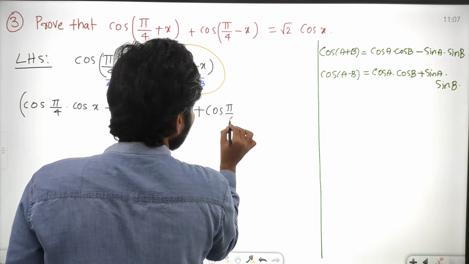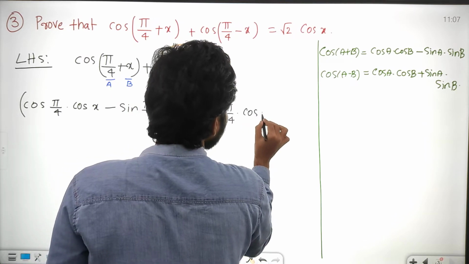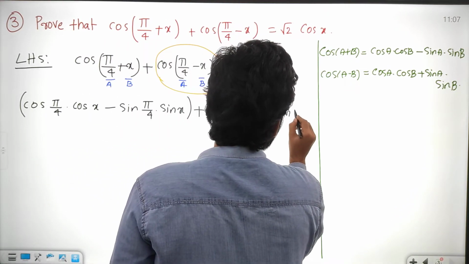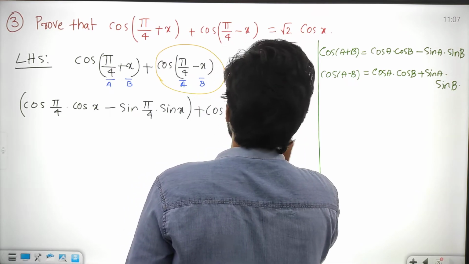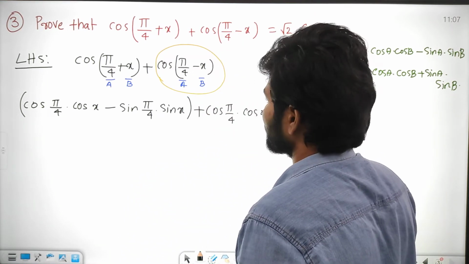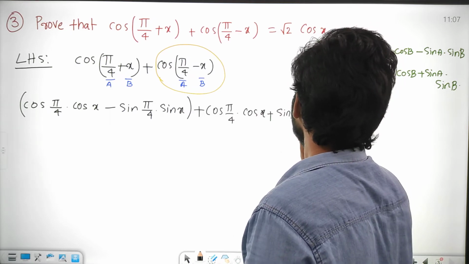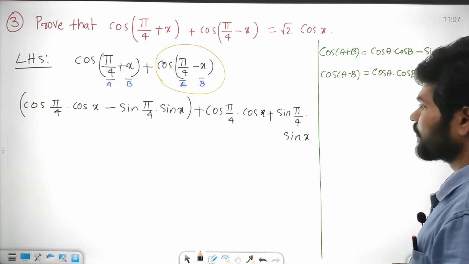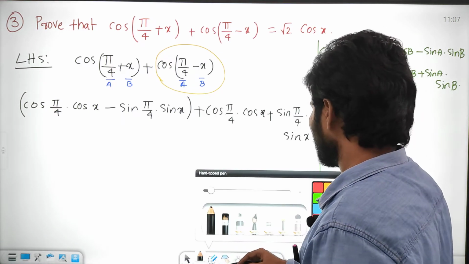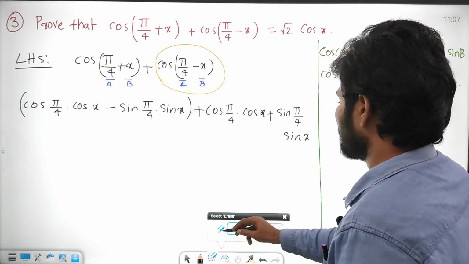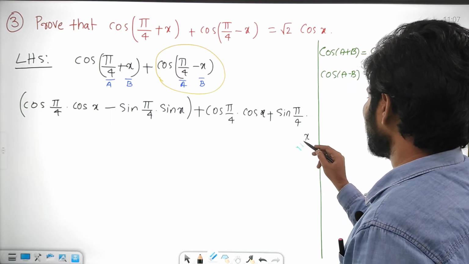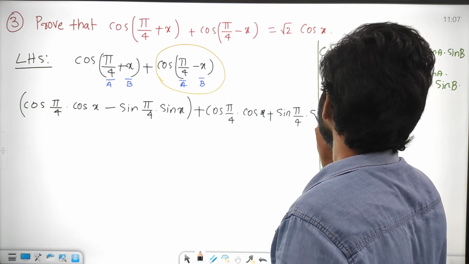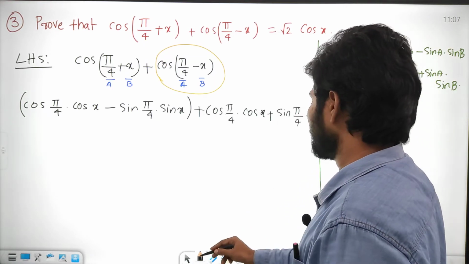cos a cos b plus sin a sin b. Sorry, this is a minus in the first, and this is a plus here. I will write this one here only.